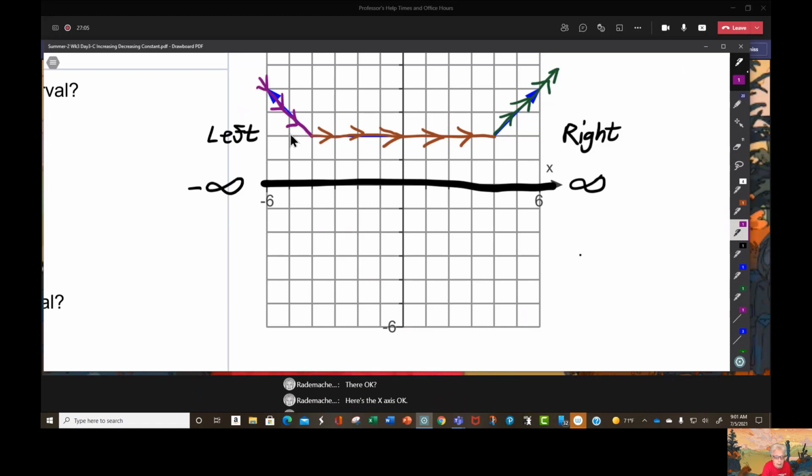Now, from negative infinity to whatever that is, let's see, if this is -6, -5, that'll be -4. Let me write that down.